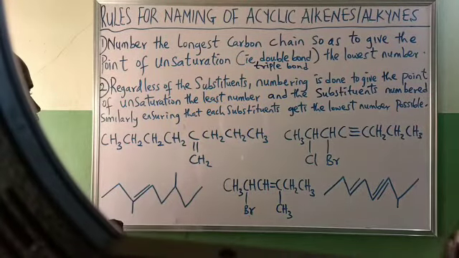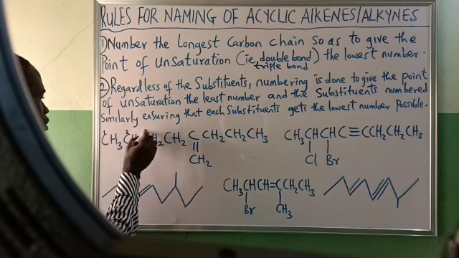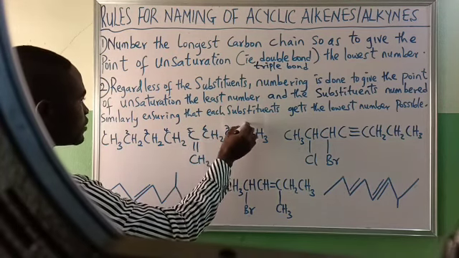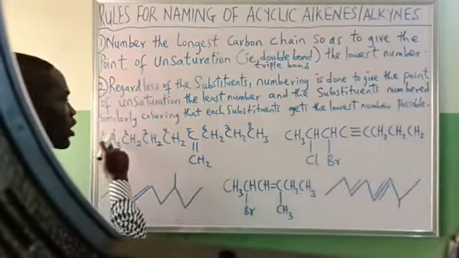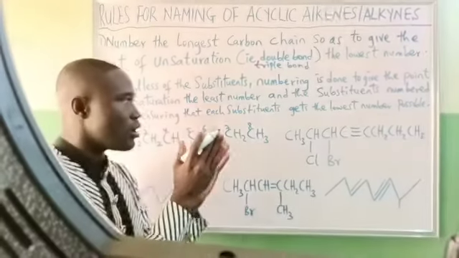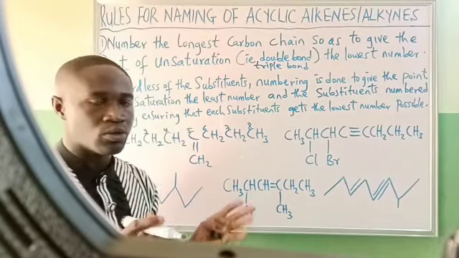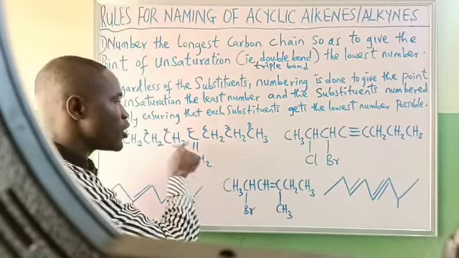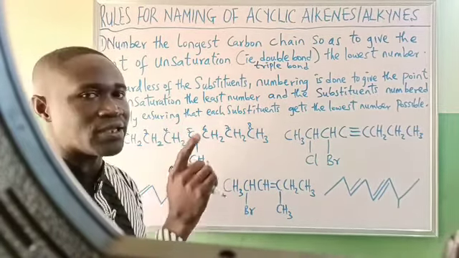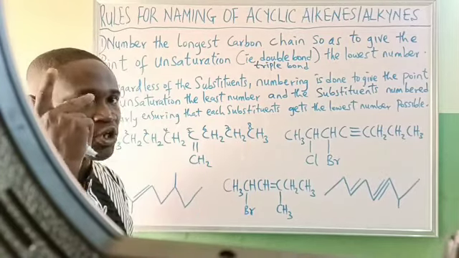In this, the longest carbon chain is 1, 2, 3, 4, 5, 6, 7, 8. But does this longest carbon chain accommodate this double bond we have? No. Note that this double bond in this compound made it not an alkane, not a single bond organic compound, but a double bond one.